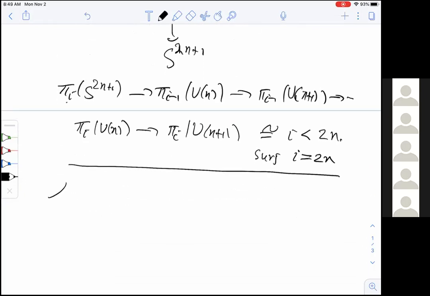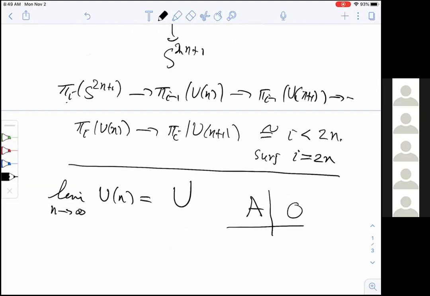You can take the limit of the unitary groups under these inclusions, and you get something called the infinite unitary group, usually just denoted U. This is a set of infinite by infinite matrices which look like some finite unitary matrix and then the identity.